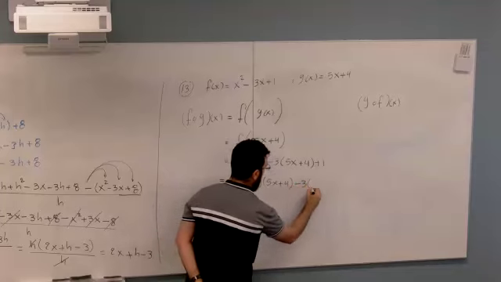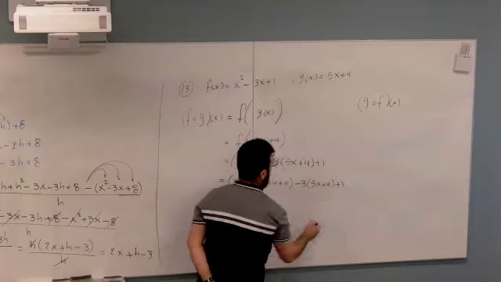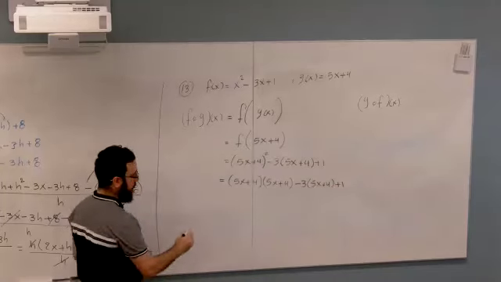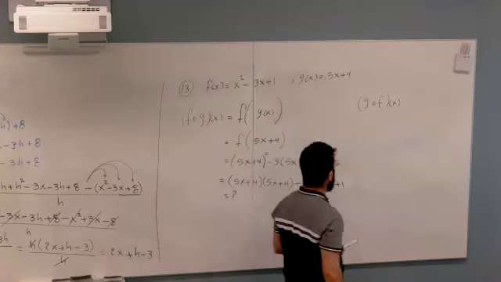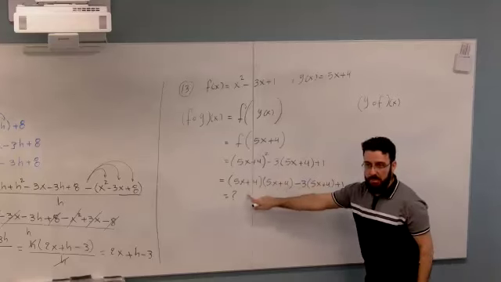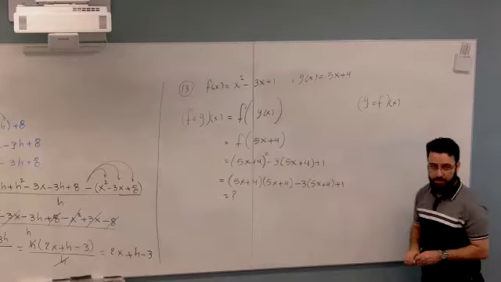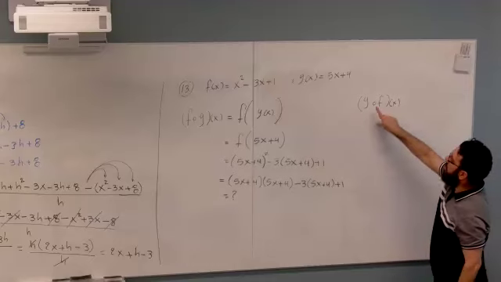Minus 3, distribute here. Combine with the 1. Is that okay? Go to the other side. I'm going to do these steps and combine, and you're going to get the result. Okay? What about the next part?